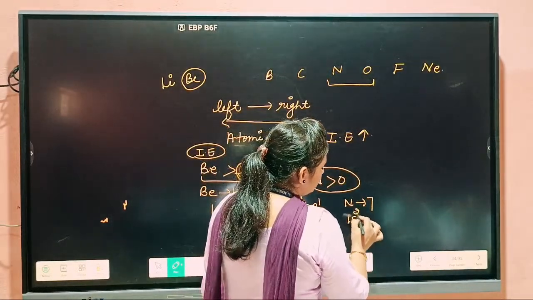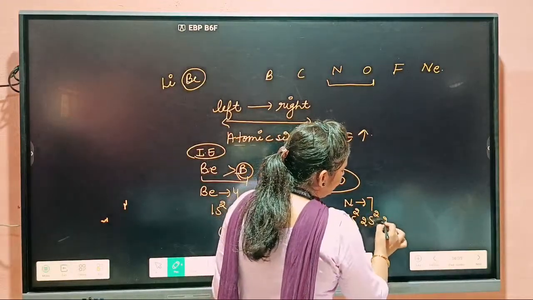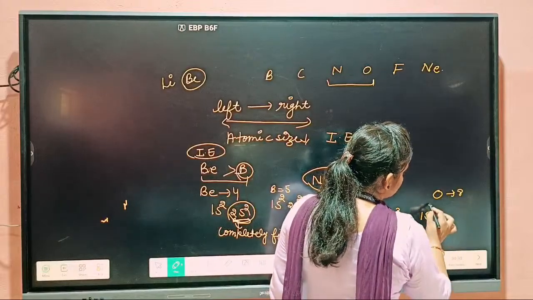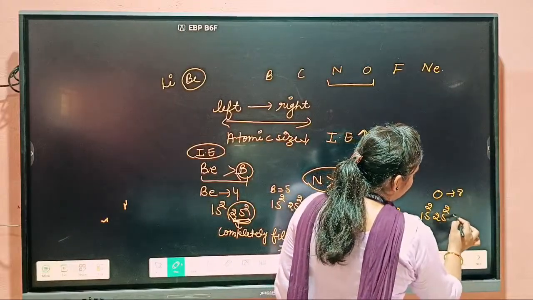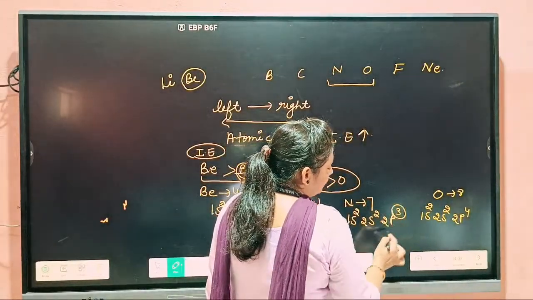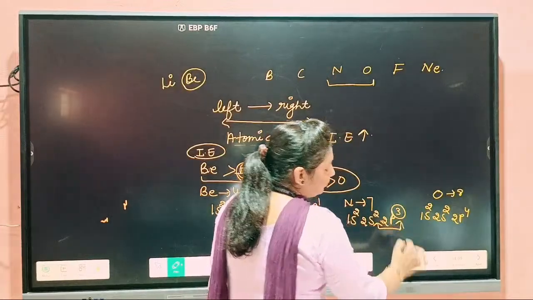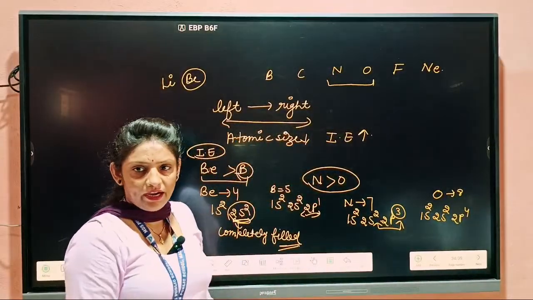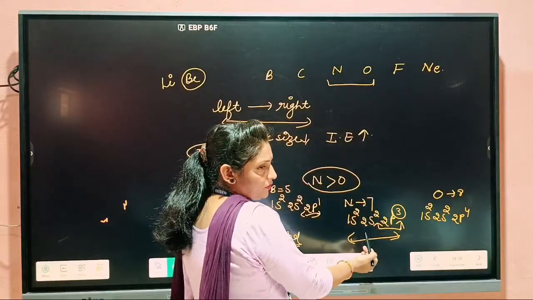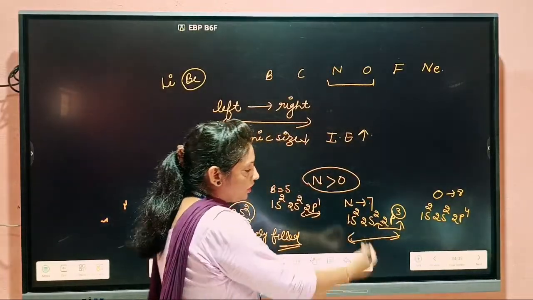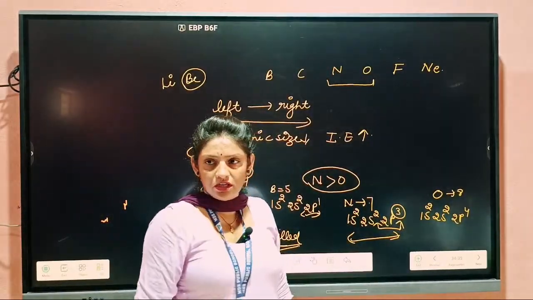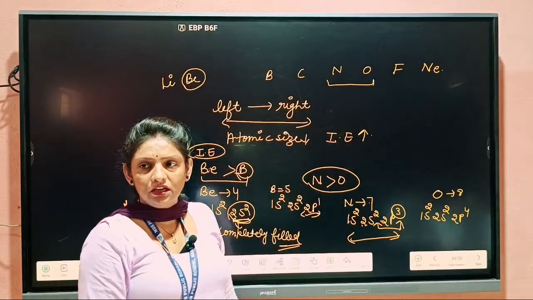So 1s2, 2s2, 2p3. But in case of oxygen, it is 1s2, 2s2 and 2p4. Again here, the p orbital is half-filled, and half-filled configuration is more stable. So we need to give more energy to remove an electron from this. It is clear to you or not? So these are the exceptions.